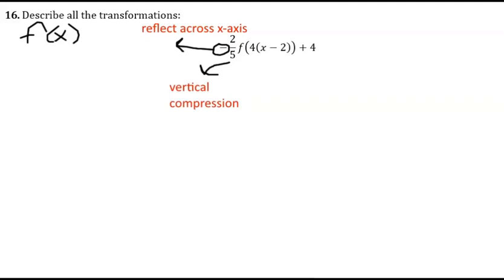Now, this 4 outside the parentheses, but it's on the inside of the other parentheses, is a horizontal compression.